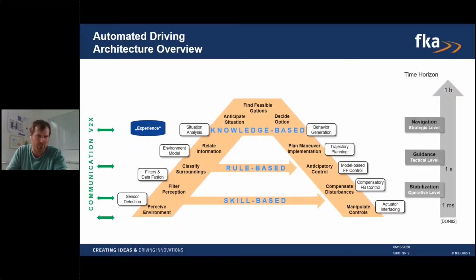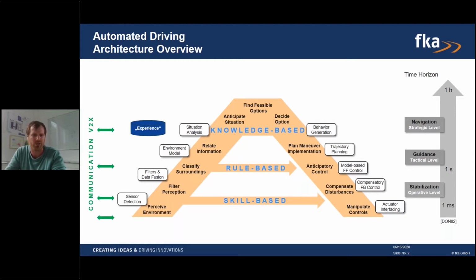Today I want to focus a little more on what we actually need for automated driving. That means how we classify the different algorithms we use. I think Adrian already showed you last week a model which we use to categorize our algorithms.